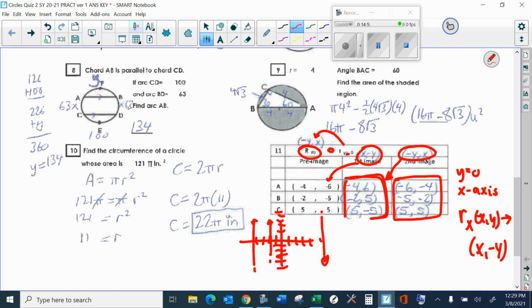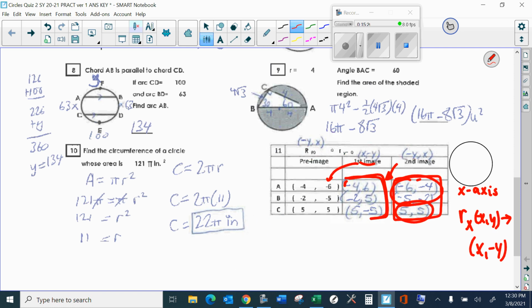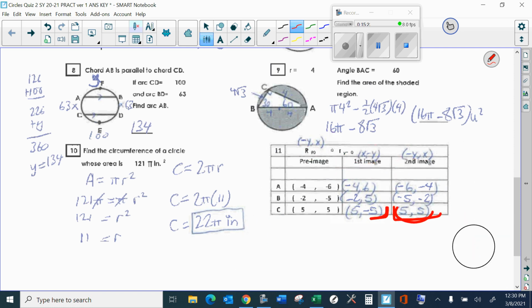Then rotate 90 degrees, which puts it down here in quadrant 3, and up in quadrant 1. Are these first 2 points in quadrant 3? Yes, they are. Is this last point in quadrant 1? Yes, it is. That's an easy way to check that your answers make sense, because you have them in the right quadrants. That explains everything.